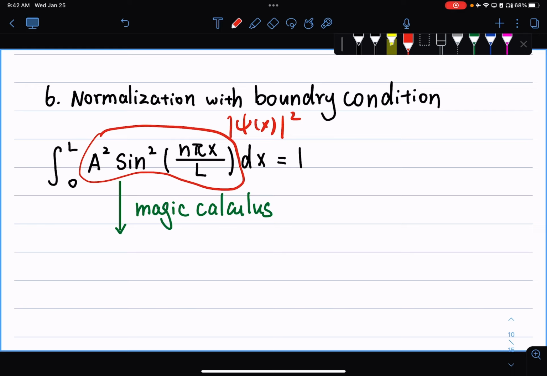This needs some calculus, so I'm just going to solve it for you. By solving that integration, you're going to get A equals the square root of 2 over L.